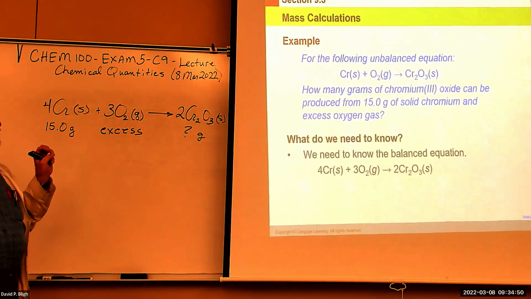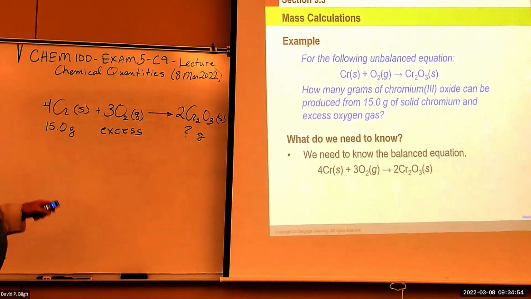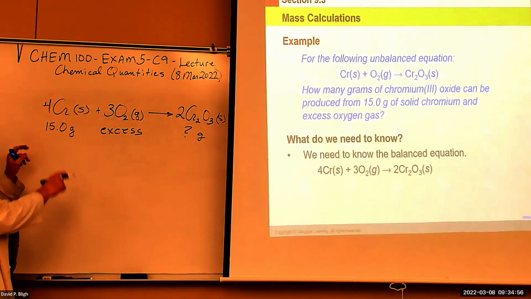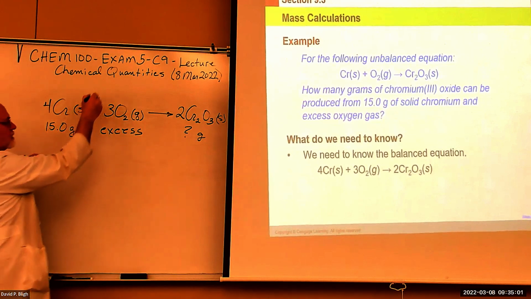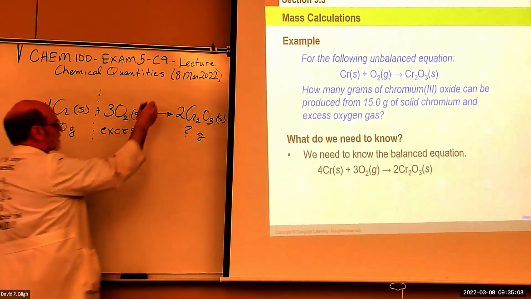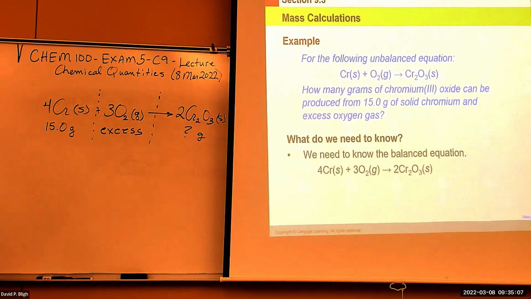We stole it away from its prison here in the word problem. And now, in order to go from here to here is where we want to go. We can't get there. Think of it like this. The great walls of stoichiometry.